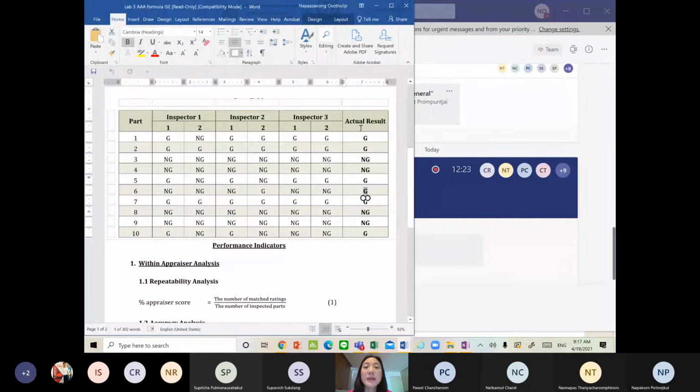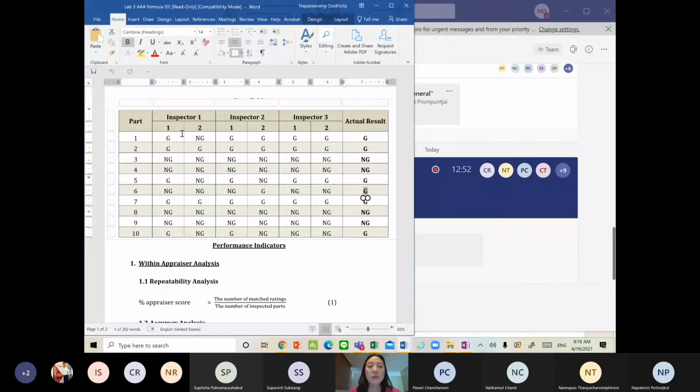This result should be reliable because we will believe that it is correct. Then we compare the result from each inspector to the actual one, and if it is different from the actual result or the true value, we will believe that inspector is having a problem with his inspection results.